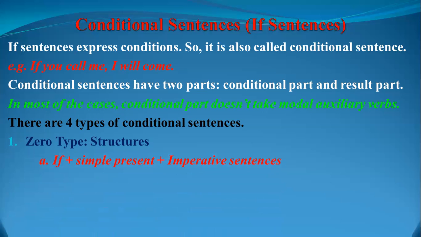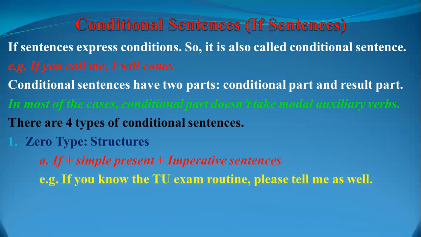That means a sentence that starts with verb 1, please, would you, could you, or let. See the example: if you know the TU exam routine, please tell me as well. It is one of the structures of zero type conditional.